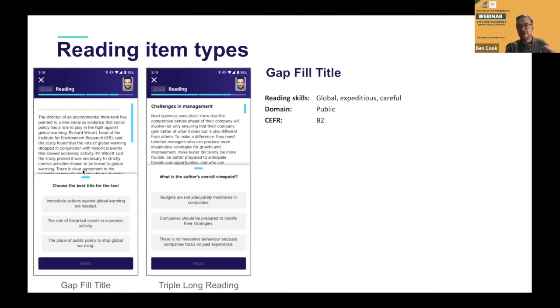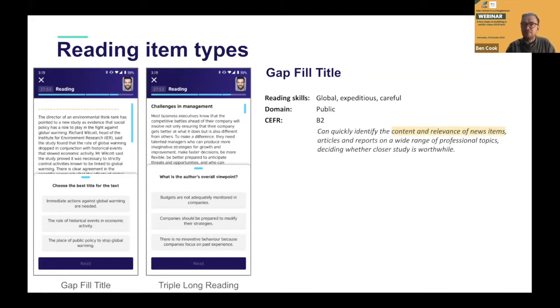But again, having that CEFR level descriptor aligns us all. We can all say, well, this is B2. And this is the descriptor that I think it most closely matches: content and relevance of news items on a range of topics. I think that's a good descriptor. And again, that starts to build that alignment between the item and the CEFR.